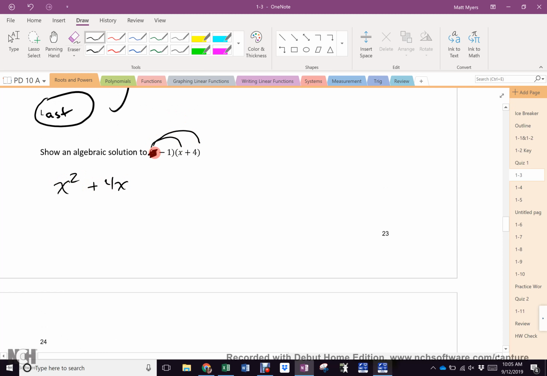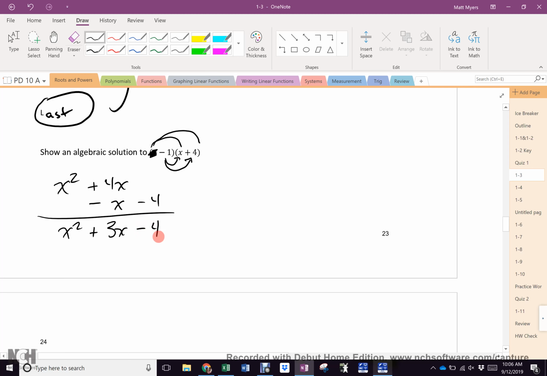I'm going to scribble it out so I can't screw it up. Now, what's that? Negative x. I already have an x, so I'm going to add a negative x in a line. And then I have this, which is what? Negative 4. X squared plus what? 3x minus 4.